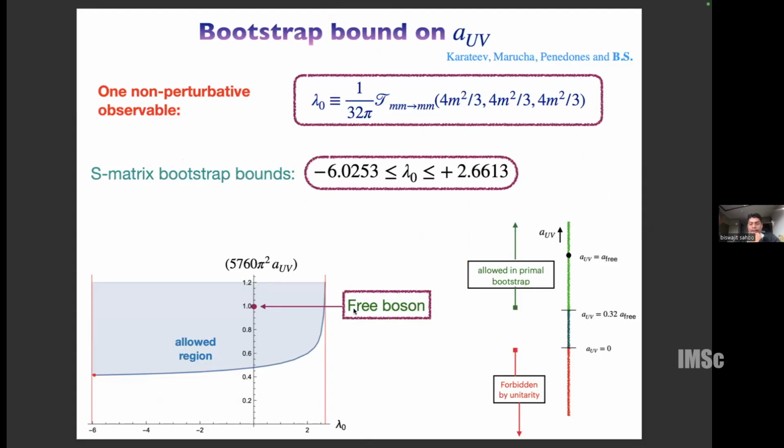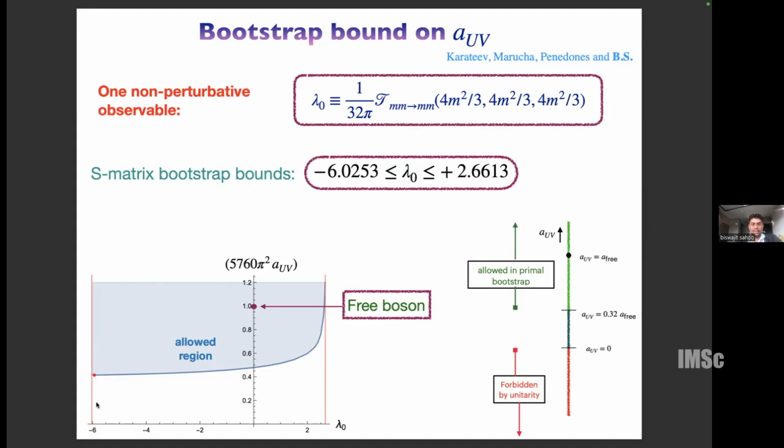This is the global minimum, and we also played with how this minimum changes with the strength of the 4 matter particle scattering, and we were able to find the allowed region for the A anomaly value. We can also plot all the scattering amplitudes lying on the boundary, and as you can see, the strength of the coupling where this minimum lies is near -6, which tells us that this is a strongly coupled scattering amplitude.